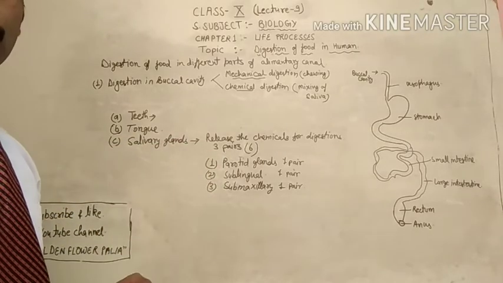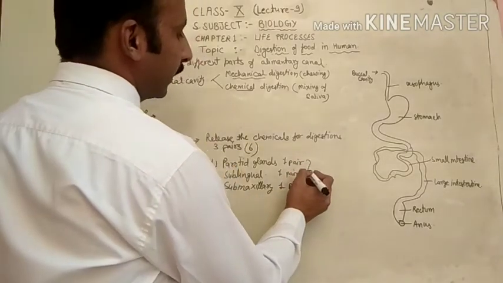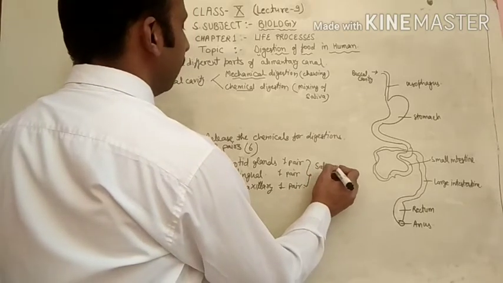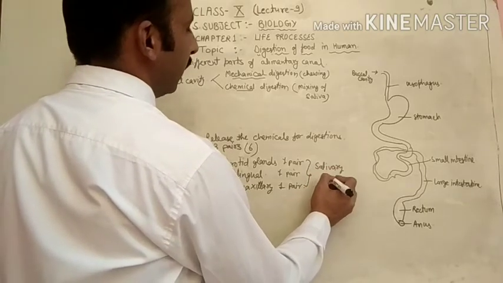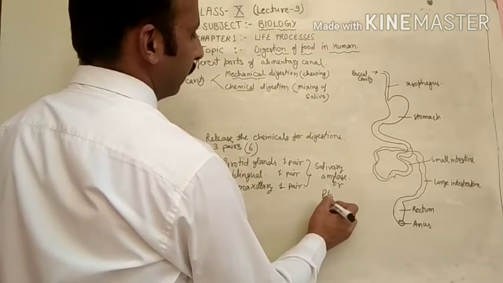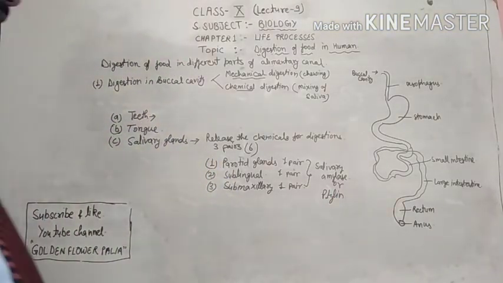They are combinedly known as the salivary glands, and the collectively chemicals released by these 3 glands are called salivary amylase or ptyalin. It's a very important question.